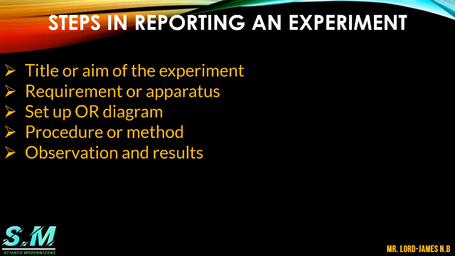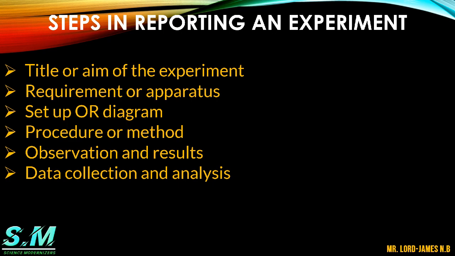So you tell the person that this is what you have observed while doing this, and you report your results. Now once you report your results, what's the next thing you do? You collect data and you analyze the data, and this is the main focus of the video today: data analysis. So when we collect the data, we have to analyze the data.